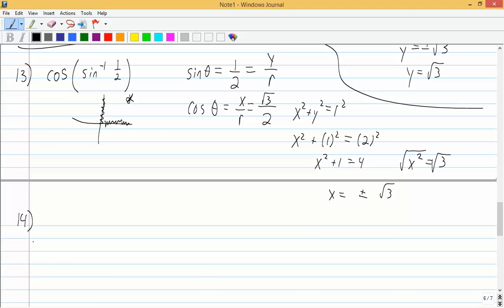Number 14, the inverse sine of negative square root of 2 over 2. First of all, we know that inverse sine is defined between negative pi over 2 and pi over 2. So here and here.